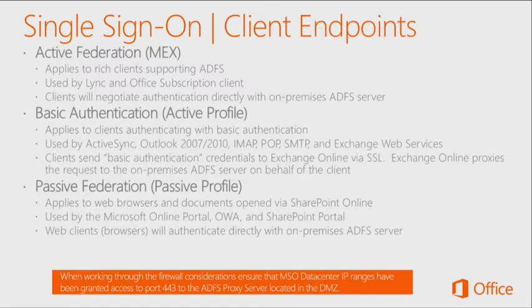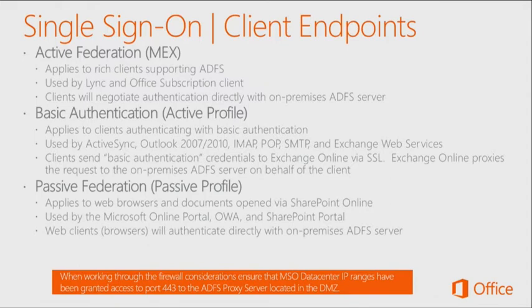Active Federation applies to rich clients used by Lync and Office. Clients will negotiate authentication directly. Basic authentication, the active profile, applies to clients authenticating, used by ActiveSync, Outlook 2007, 2010, IMAP, POP, SMTP, and Exchange Web Services.